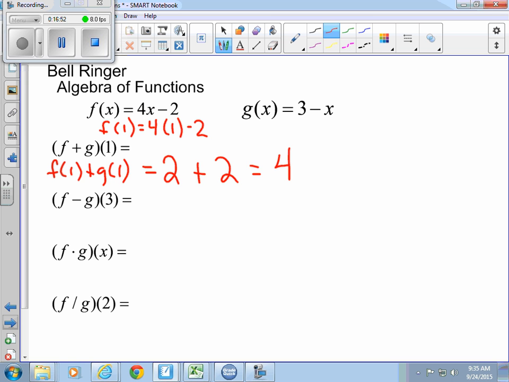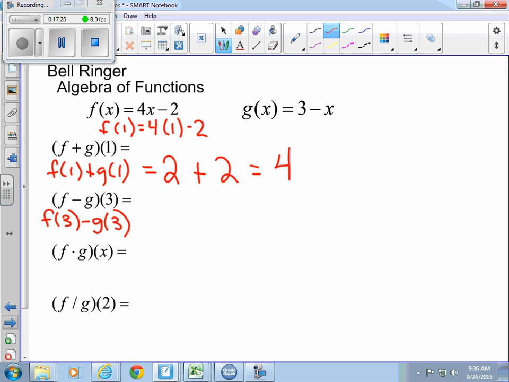So how do you think you do f minus g of 3? Perfect. I do f of 3, and I do g of 3. That's correct. f of 3 minus g of 3. Again, I want to say it one more time, and you might want to write this in your notes. Do not multiply by 3.